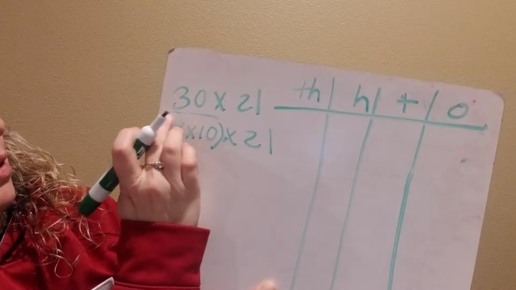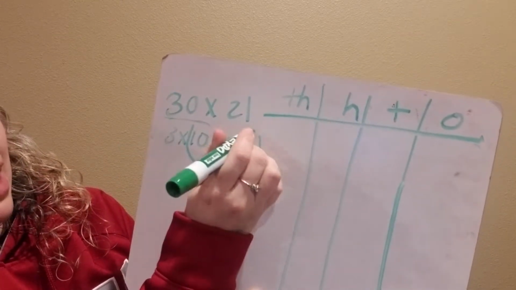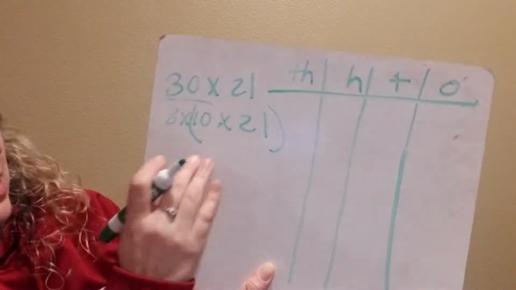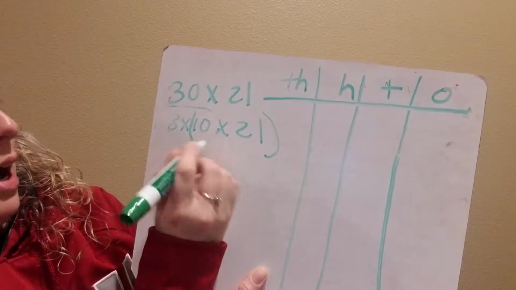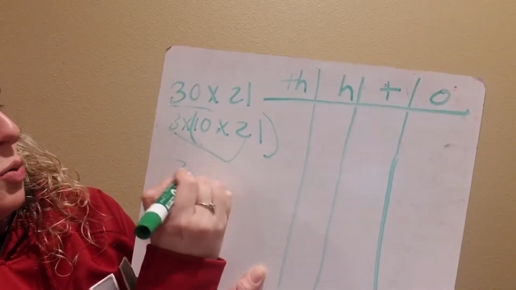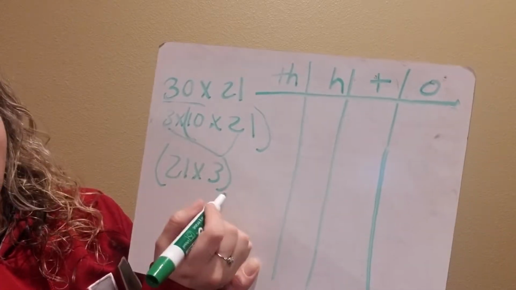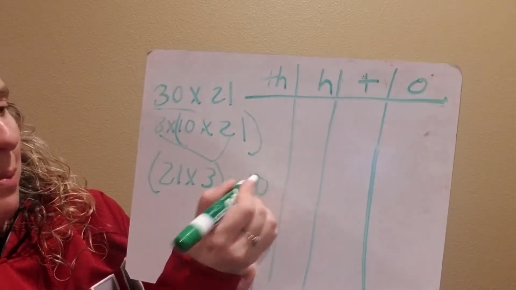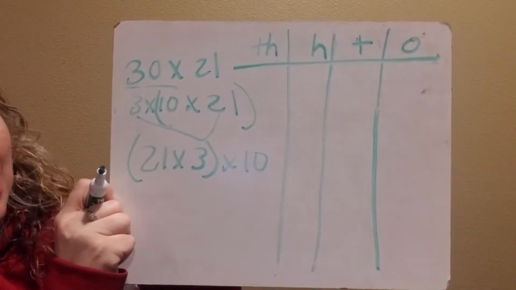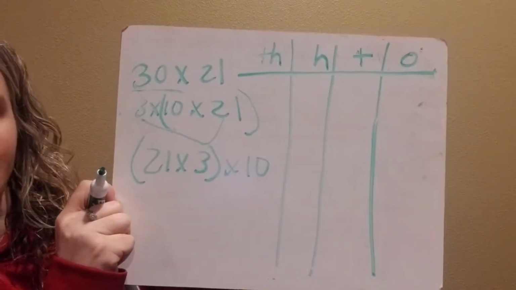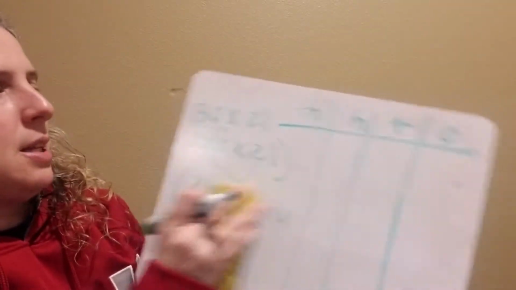I could do 10 times 21, if that was easiest, and then multiply that by 3. Or I could switch them all around. I could do 21 times 3, and then whatever that answer is, I can multiply that by 10. Okay, numbers can move around however I need them to in multiplication, and I can break them apart to make them easier.